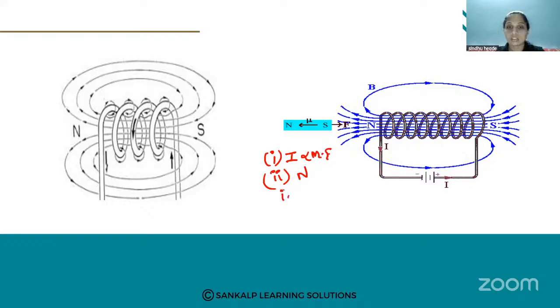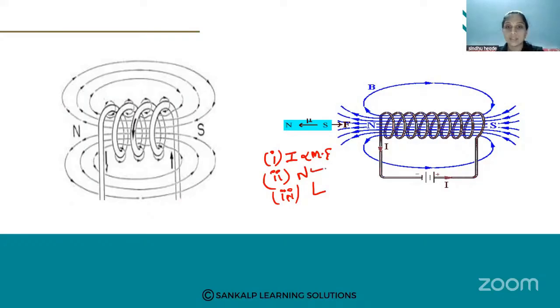And next, the most important thing again depends upon the length of the solenoid. If the length of the solenoid is increased, then the magnetic field generation is also more and more. Here the solenoid depends upon three things. The magnetic field generation depends upon the current flowing through the solenoid.